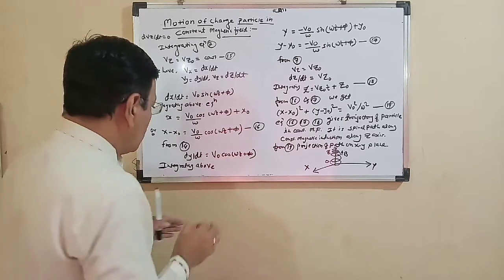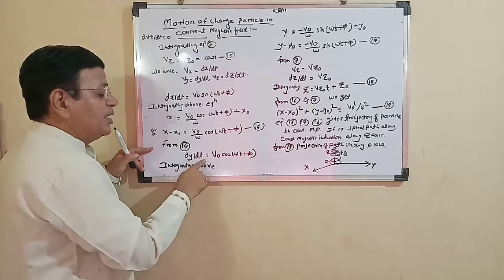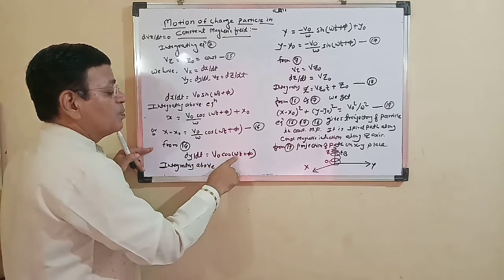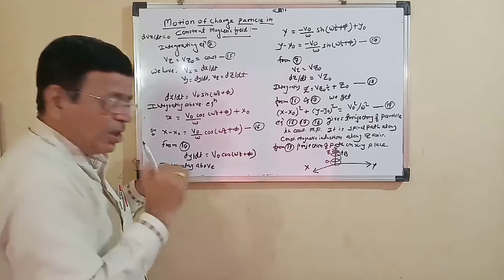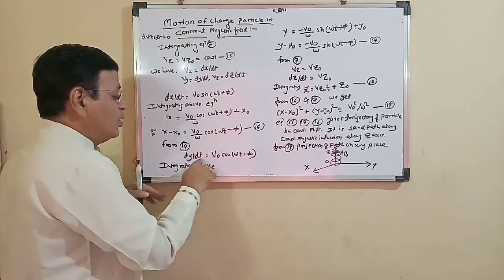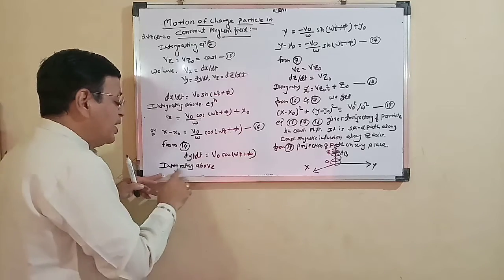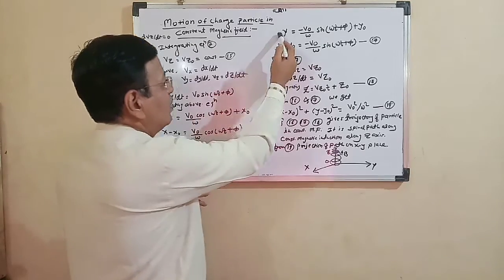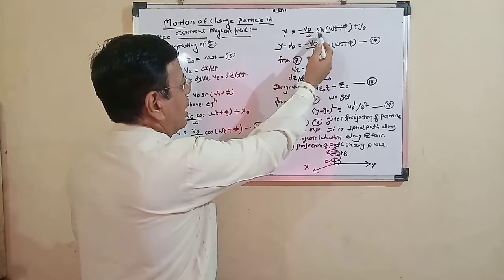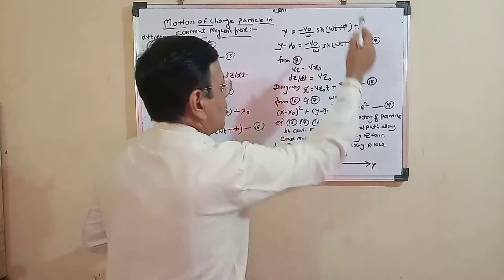From equation 14, we know very well dy by dt is equal to v0 cos(omega t plus phi). That is the velocity along the y-axis. Integrating this equation, we get y is equal to minus v0 upon omega sin(omega t plus phi) plus y0, where y0 is our constant of integration.